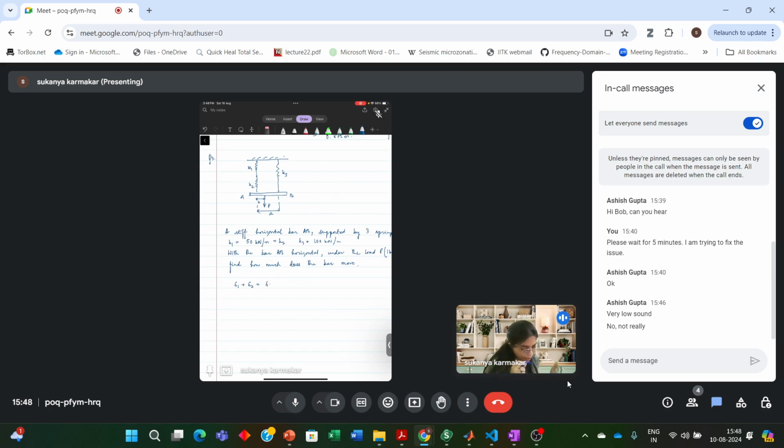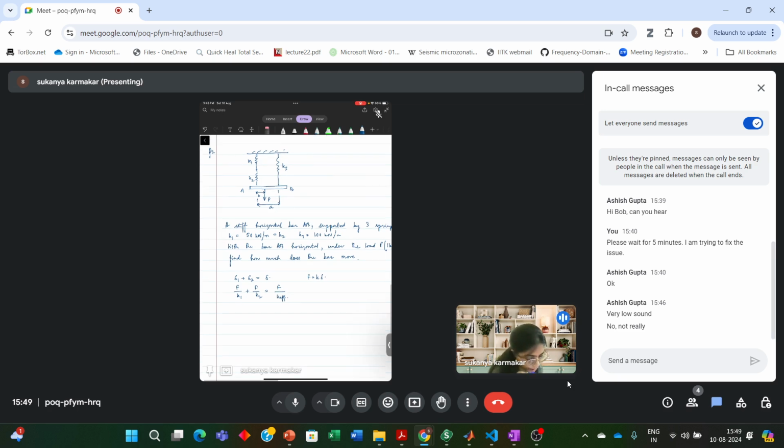So from this logic, since we know spring force is K into delta, F by K1 plus F by K2 is equal to F by K equivalent. So from here we can calculate the value of K equivalent.